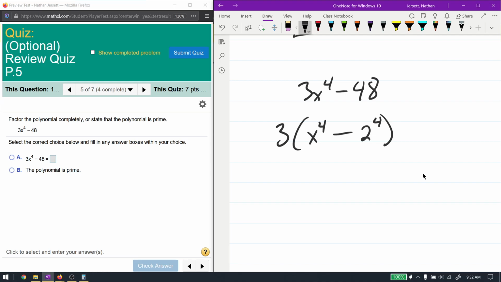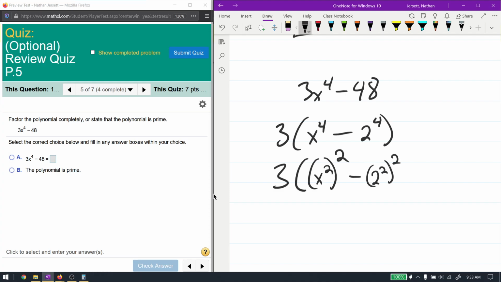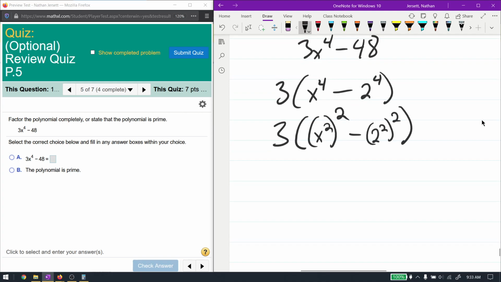However, we do not have a formula for it like we do for the squares and cubes. We can, however, rewrite this as a difference of two squares. We can do that by doing x squared squared, because 2 to the power of 2 times the power of 2, 2 times 2 is 4, and 2 squared squared. So this gives us a difference of two squares, which we can use the formula I used already. We're going to have the first thing minus the second thing.